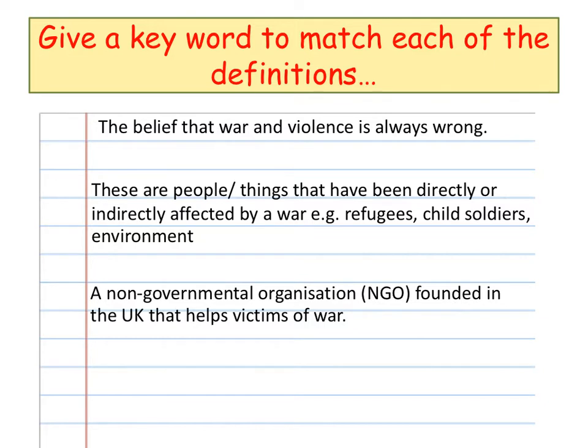Number 17, the belief that war and violence is always wrong. Number 18, these are people or things that have been directly or indirectly affected by war, for example, refugees, child soldiers, or the environment. Number 19, a non-governmental organisation, NGO, founded in the UK that helps the victims of war.